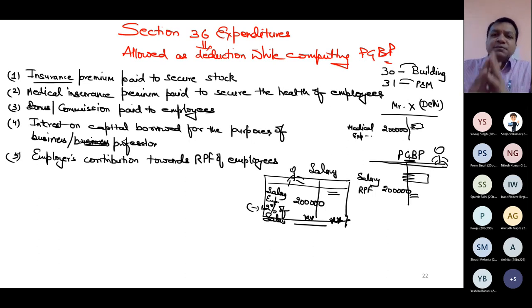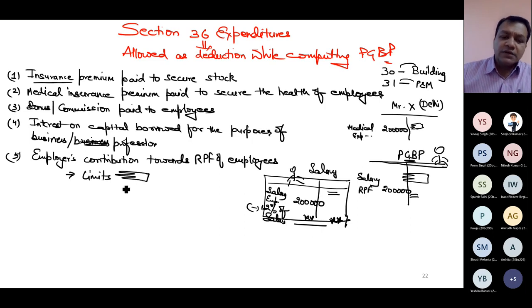Income Tax Act says as a businessman, whatever you are contributing towards your own employees' RPF, you can show the entire expenditure on the debit side of your P&L account. Of course, it is having some limits. How much maximum? That is not in our course.